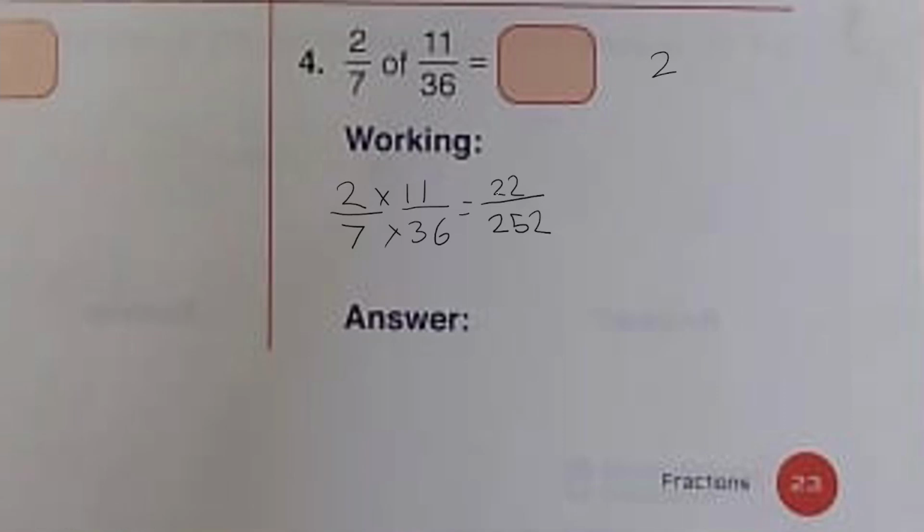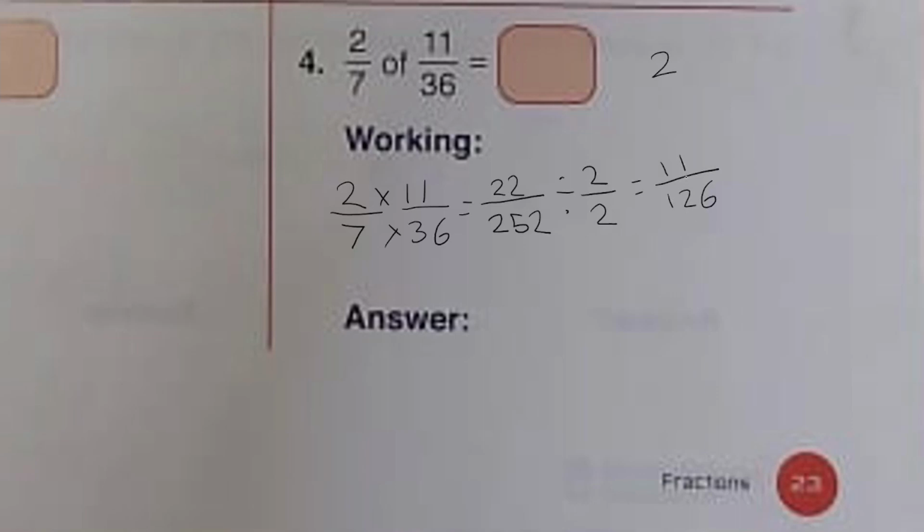So don't worry too much about factors right now. Okay, so if we divide 22 by 2 and 252 by 2, we get an answer of 11 over 126.